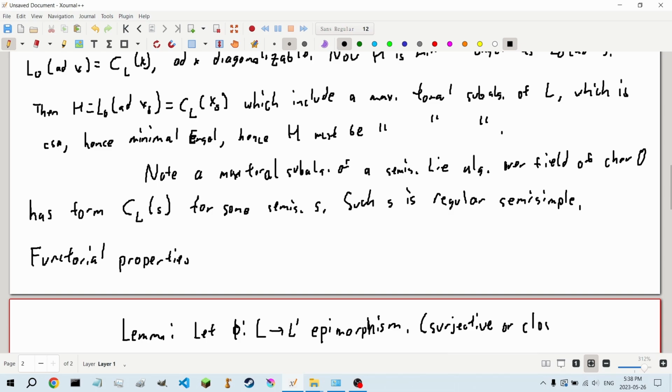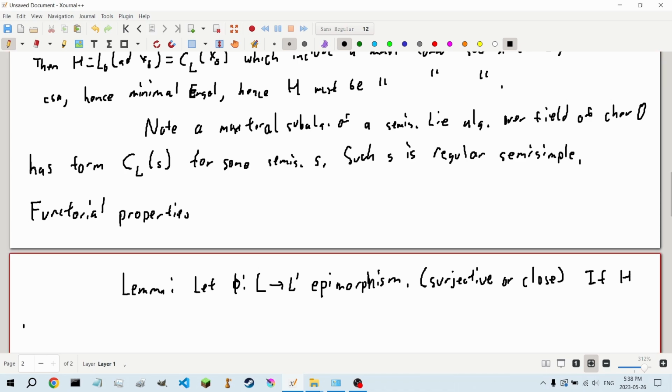In the category theory sense, epimorphisms don't have to be actually surjective, but don't worry about that. If H is a Cartan subalgebra of L, then its image is a Cartan subalgebra of L prime.